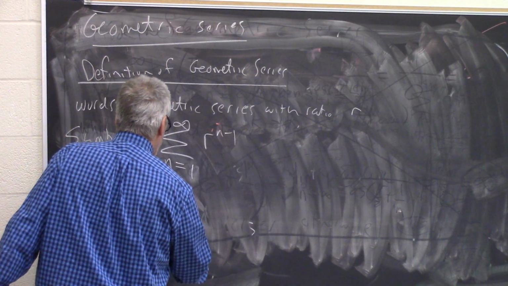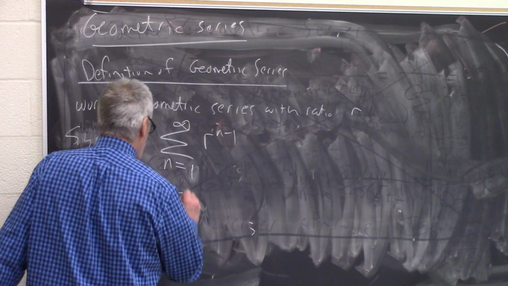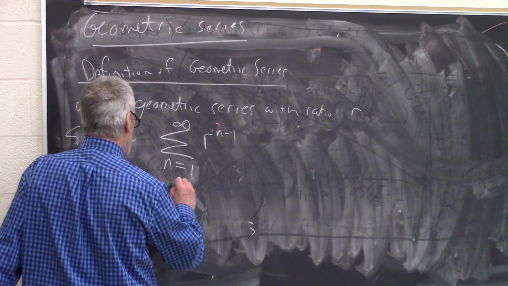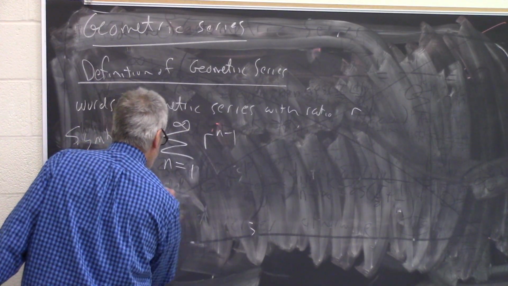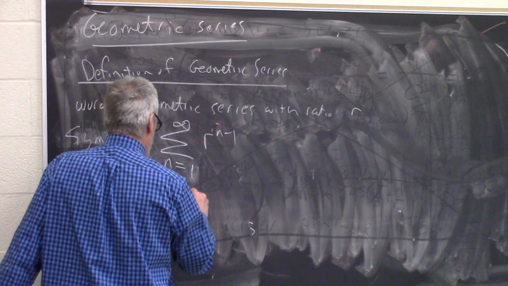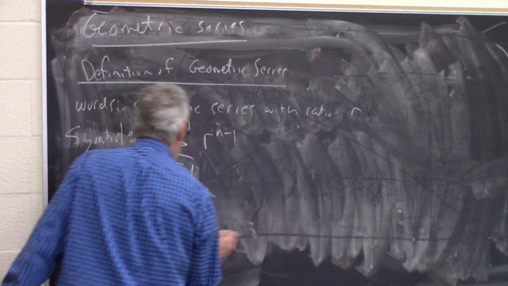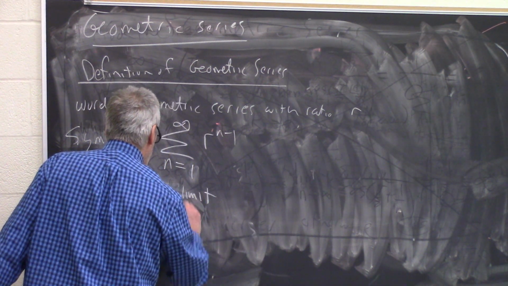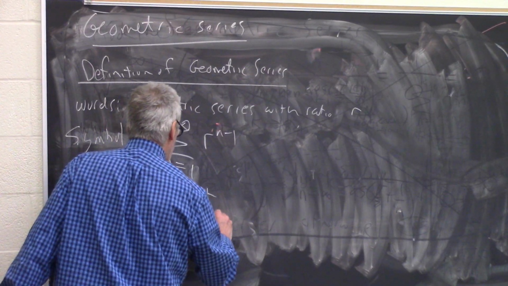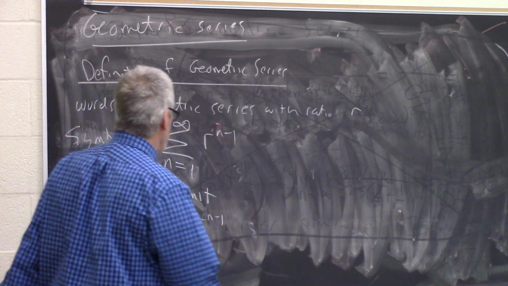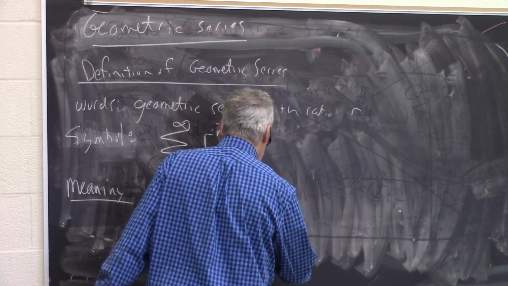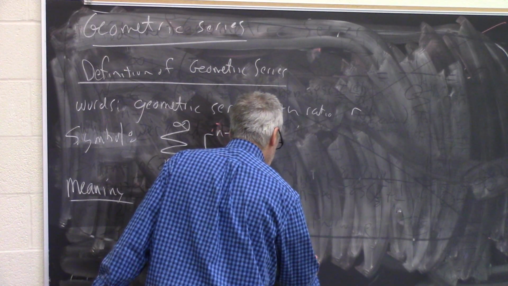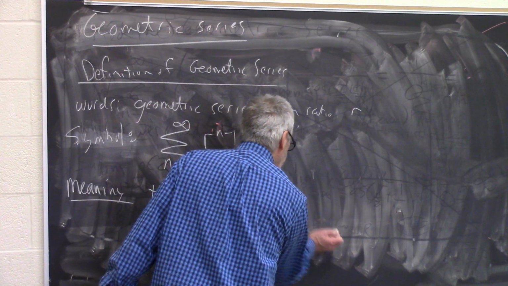This symbol, remember, I guess we haven't talked about this before. This symbol is the limit. So this symbol, the sum as n goes from 1 to infinity of r to the n minus 1, is going to be defined to be this limit as k goes to infinity of the kth partial sum.